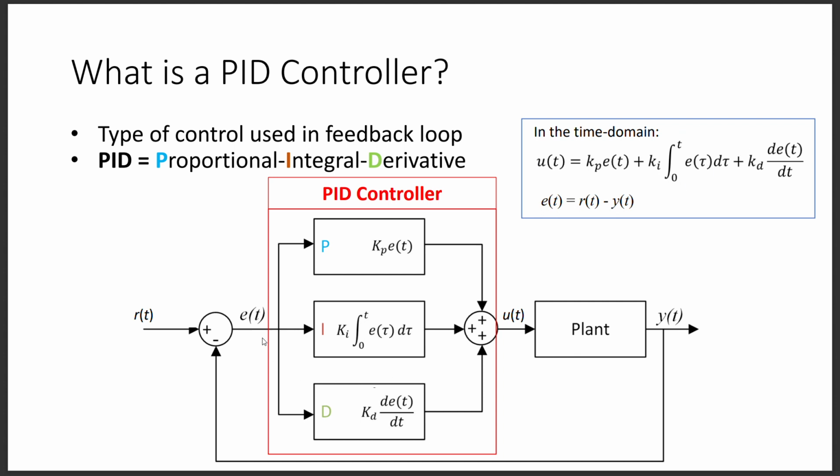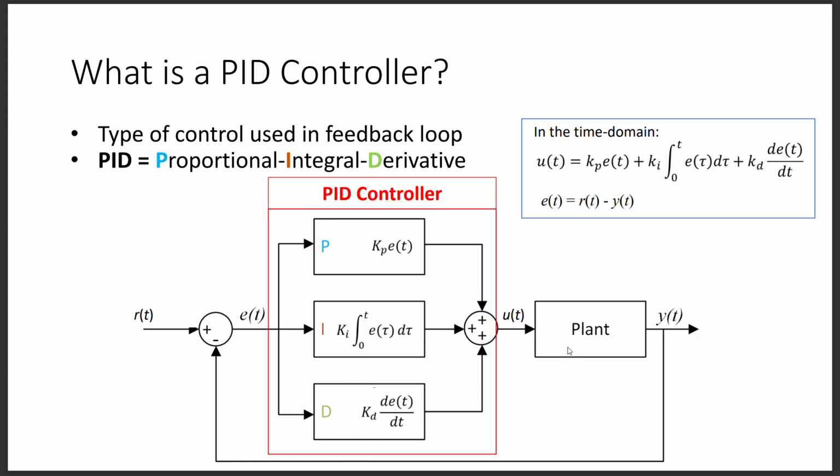So you have an error, which is the discrepancy between your reference or reference signal or the desired behavior and the actual behavior or the output of your plant. The discrepancy is the subtraction, or the error is the subtraction of these two signals. Now you feed that error into this thing, this brain, and it's supposed to spit out the correct signal that guides your system or your plant to have the correct behavior.